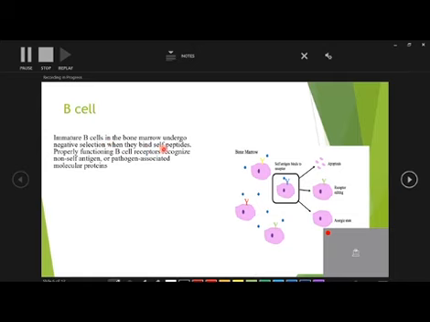When they bind to self-peptides, properly functioning B cell receptors recognize non-self antigen. These B cells have receptors, and these receptors are where the antigen binds so that we can have a complex.